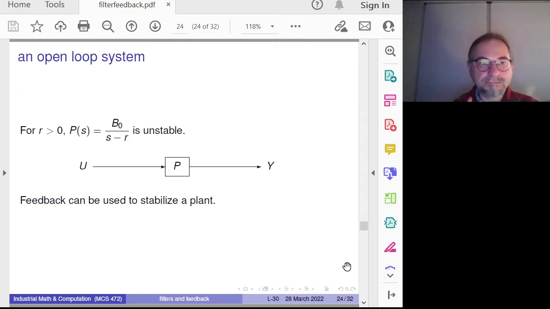Okay, we can represent the evolution of the credit card balance by a plant. So this is now an open loop. Feedback is used to stabilize the plant, so it is unstable for all positive interest rates.